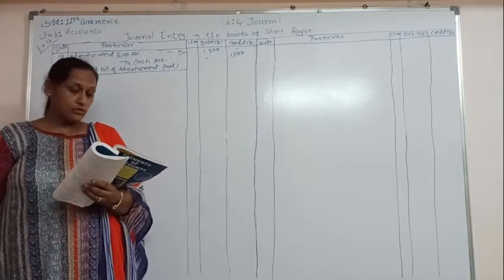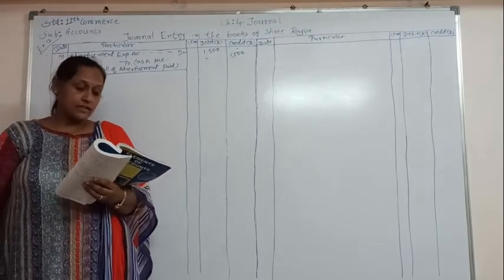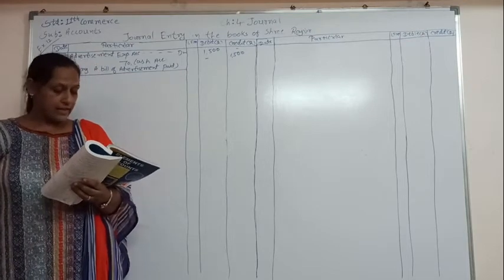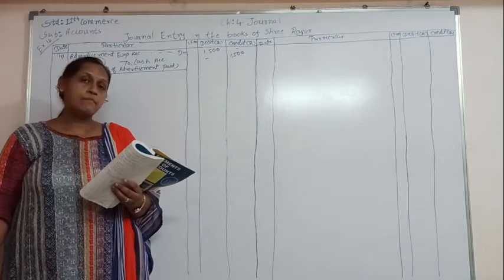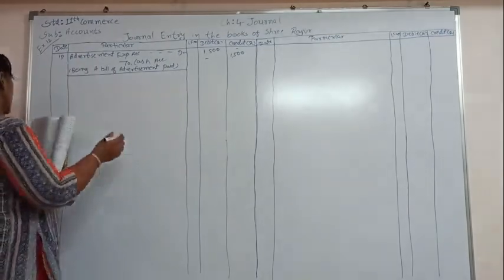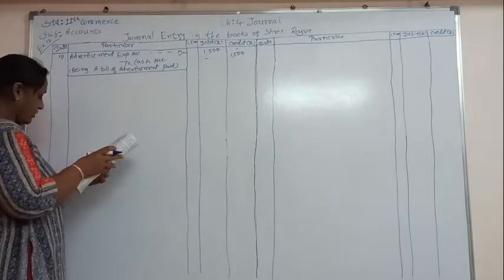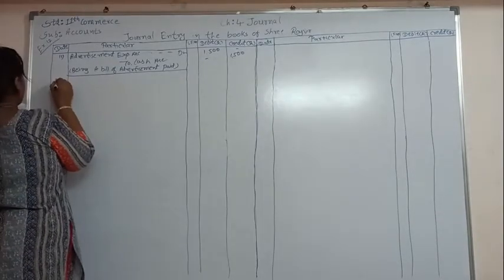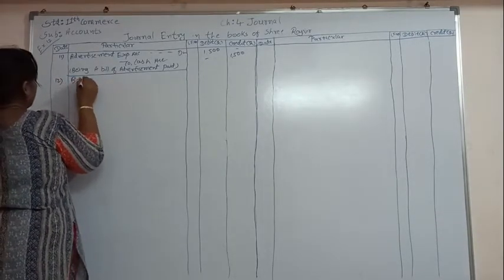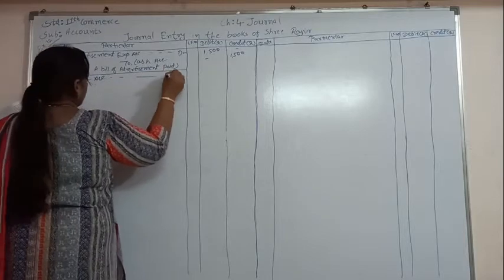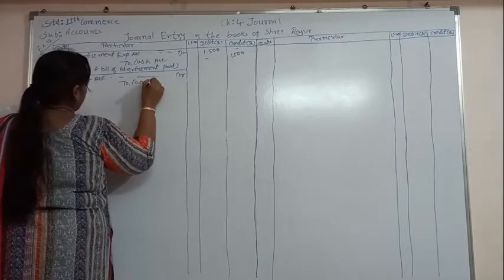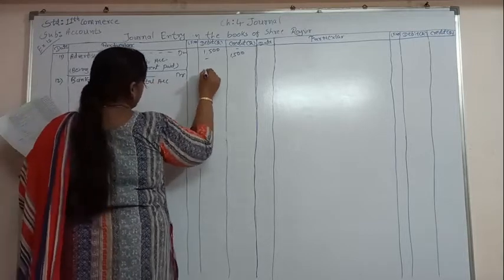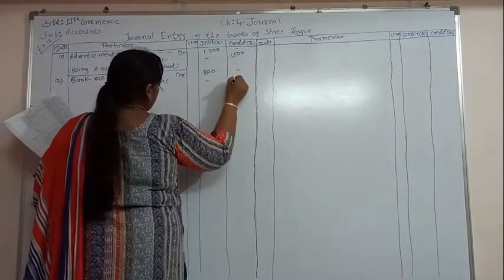So capital account is going to be credited, and here we are receiving it in a bank, so bank account debit to capital. That journal entry we are going to pass, and that is of 800.